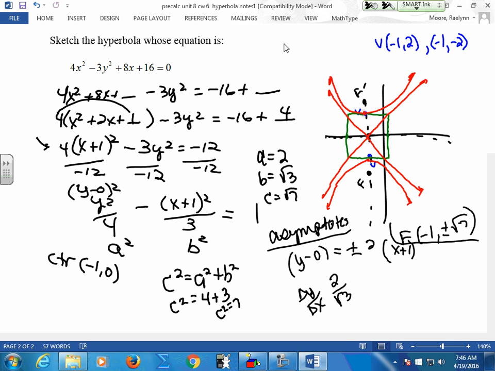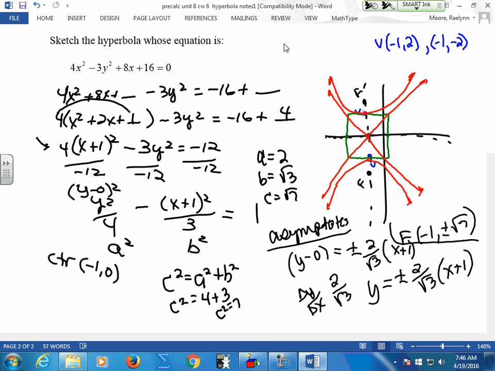And remember, the nice part about this, we don't have to rationalize. And all you have to do now is just simplify this equation. If there was something here other than 0, I would add or subtract it to the other side. I got to get a y equals, because it's the equation of a line. Since it's 0, I just need to say y equals plus or minus 2 over radical 3, and just leave it like this.